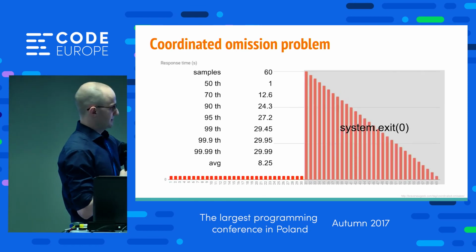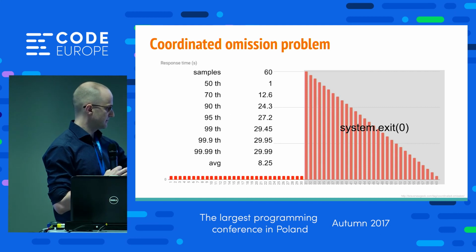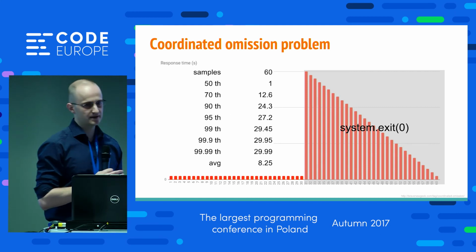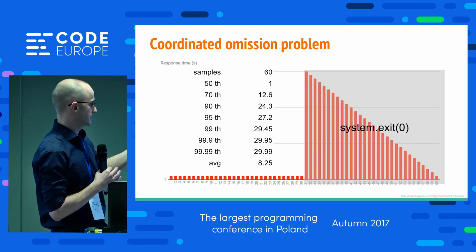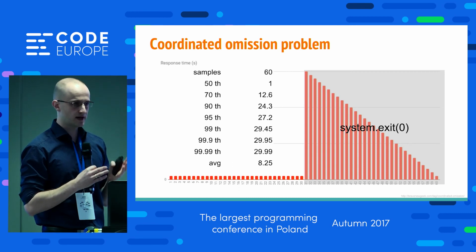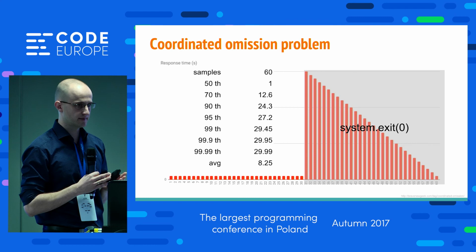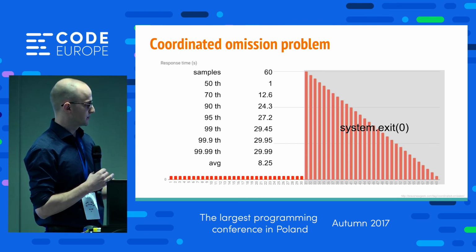The 50th percentile is okay, but at the 70th, 90th, 95th, 99th, we can see performance degradation, basically since the 70th percentile. So those are real percentiles without the coordinated omission problem. And the previous ones have this problem.